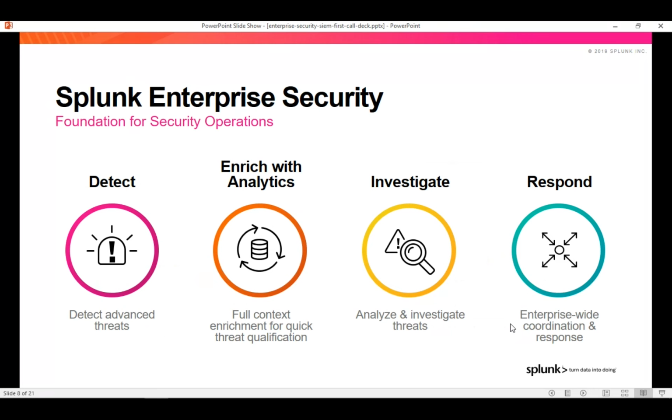It gives you pre-built reports, dashboards, and an investigation panel to convert the events which are detected to incidents, and work on them as if it's a ticket or a case.